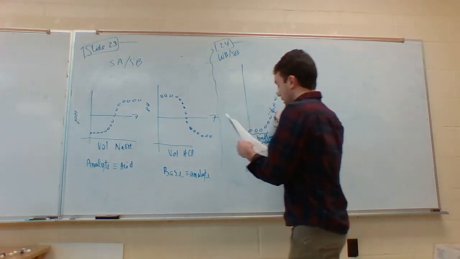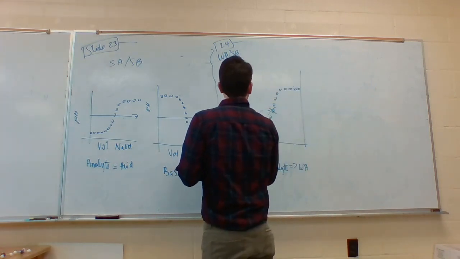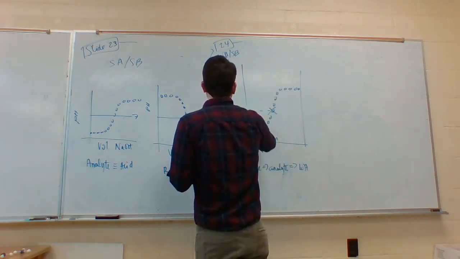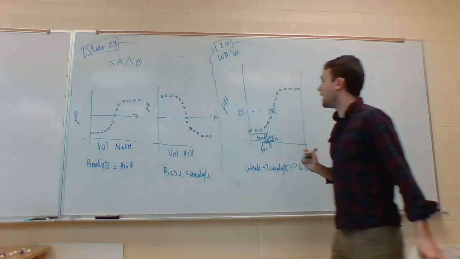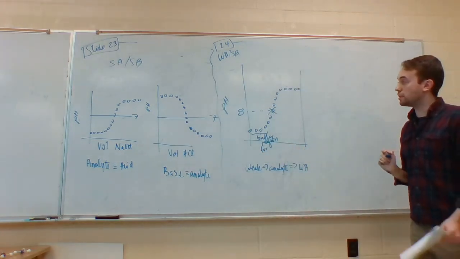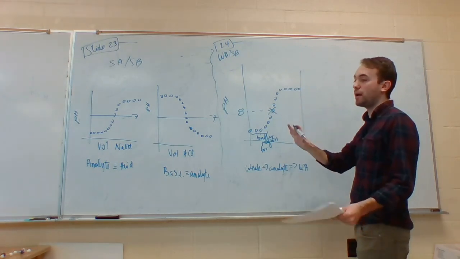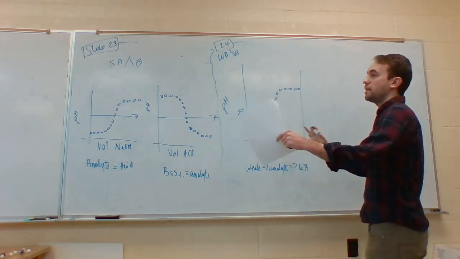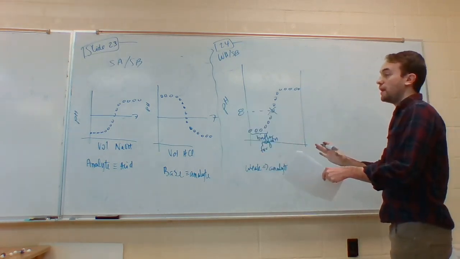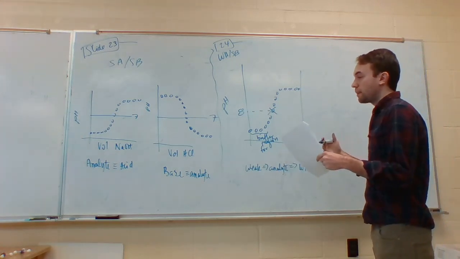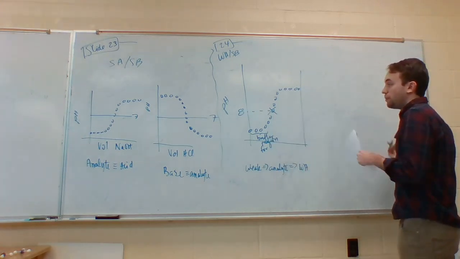But it may not be at a pH of 7, all right? And that's because if we add an equal number of moles of acid and base, then once we've done that, we have to establish our equilibrium.